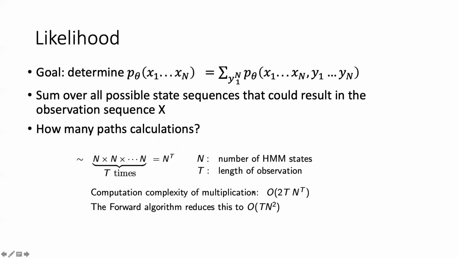By making use of the Markov assumption, we do not have to explicitly compute each possible path, but we can do it efficiently. One such algorithm is the forward algorithm, which reduces the computational complexity to the order of t n square. Let's see what the forward algorithm is.